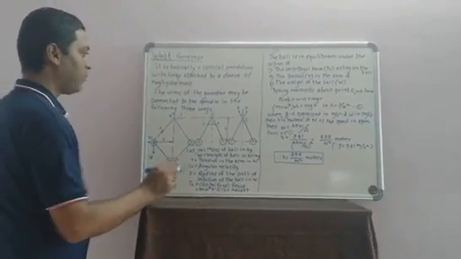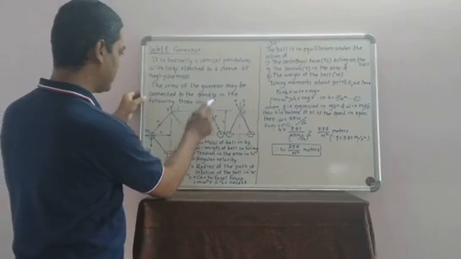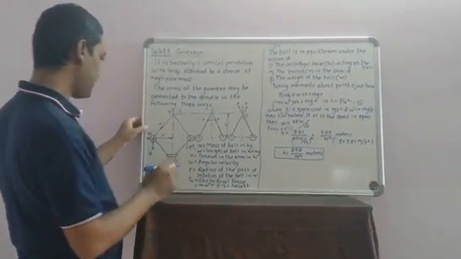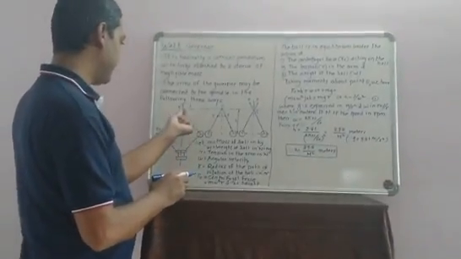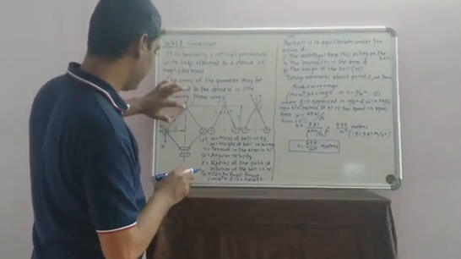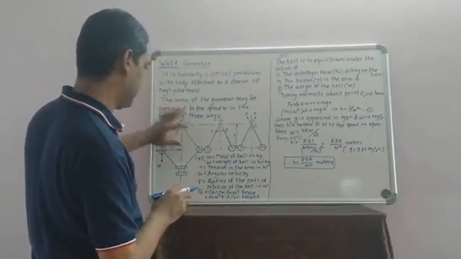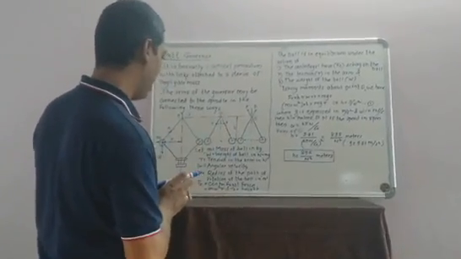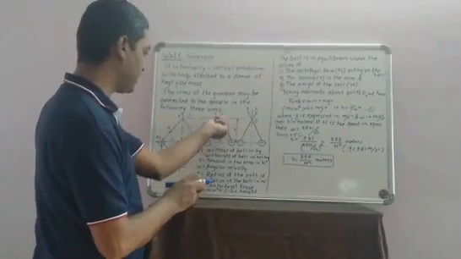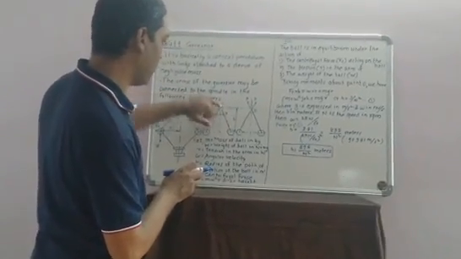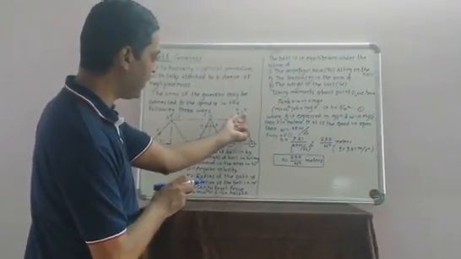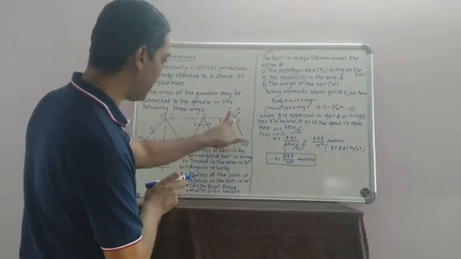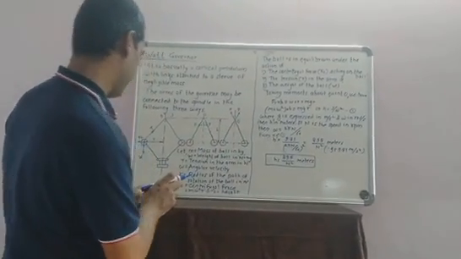The arm of the governor may be connected to the spindle in the following three ways. The first one: here the arms are directly connected to this point P on the spindle axis. Here the pivot point may be offset, but when produced the arms meet at point O. Here once again it may be offset, but the arms cross each other.